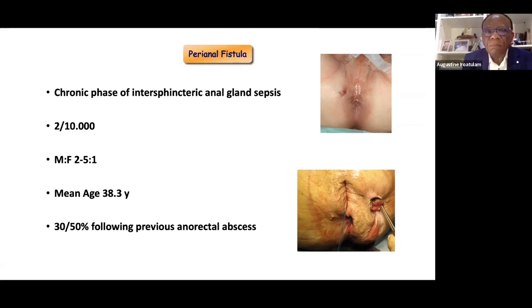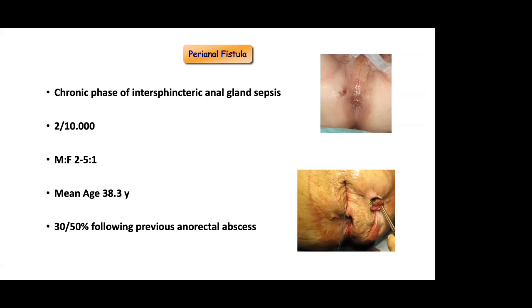Mean age of patients with anal fistula is almost 40, and it is more prevalent in men than in women. And of course, the incidence is 2 patients out of 10,000.